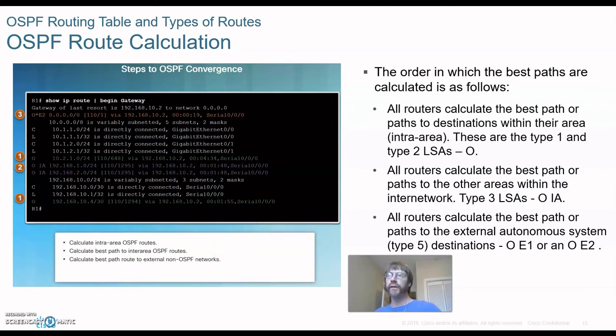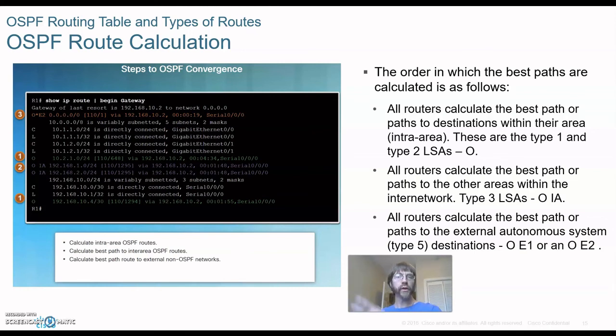These will be step 1 here in green. They'll do that first. The next thing they'll do is inter-area, that is routes learned from across the backbone. Finally, they'll learn their type 4 and type 5 destinations, their E1 or E2 external routes.